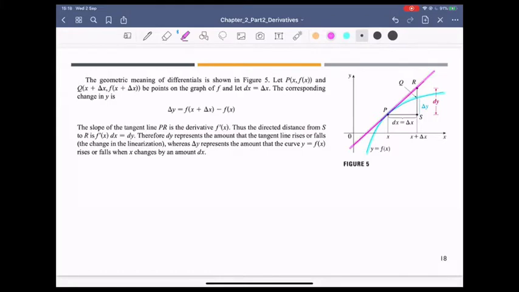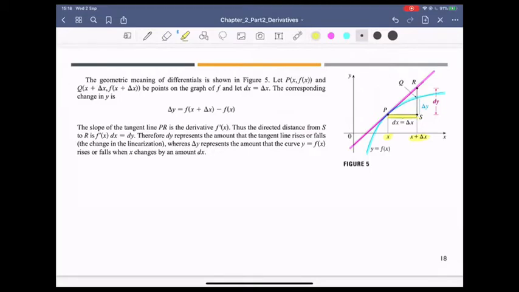Well, if I look at the points x and x plus delta x, the difference is just delta x here that I label in yellow.